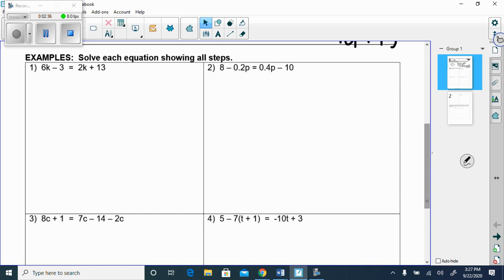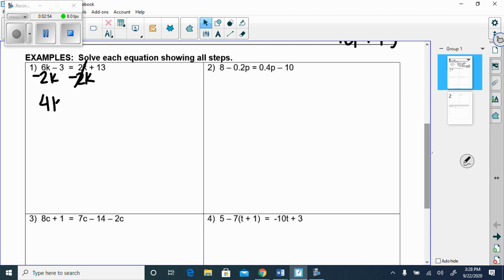Alright, so on number 1, if I'm trying to get k by itself, I need to get all the k's together. How would I do that? Okay. So I'm going to subtract 2k from each side. So I have 6k minus 2k, 4k.